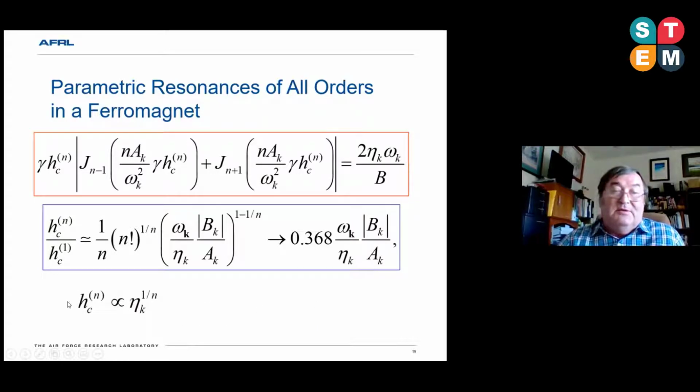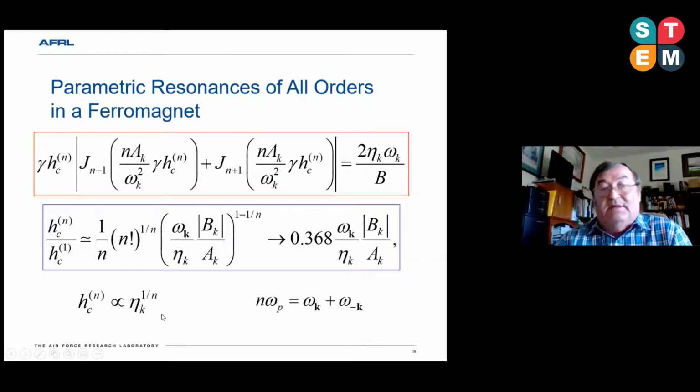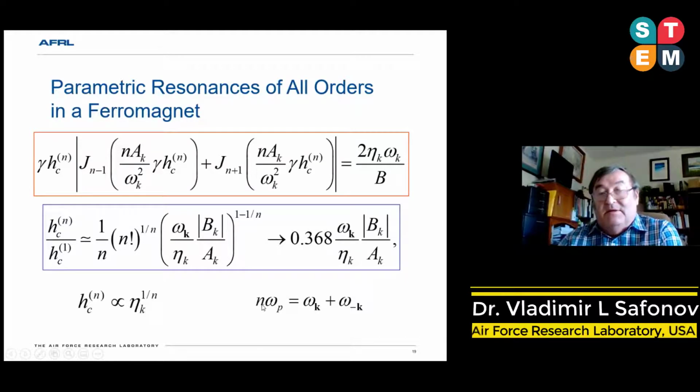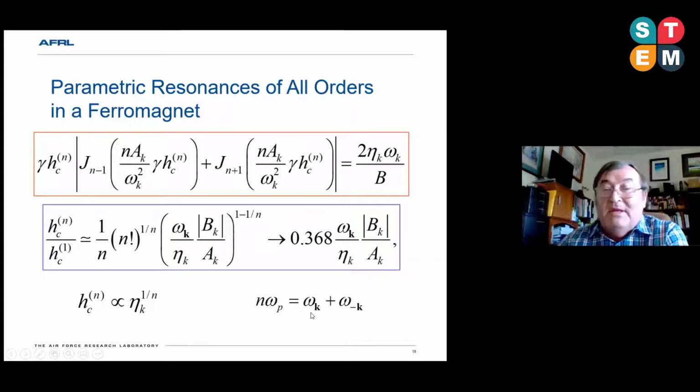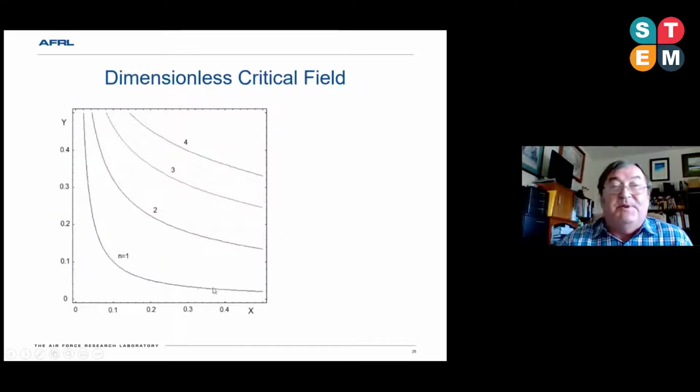The threshold of the nth resonance is proportional to the 1/n degree of damping, and this resonance is just n pumping frequencies, and this frequency is lower, below the spectrum, and these n photons excite two spin waves moving in opposite directions, sometimes called a parametric pair.